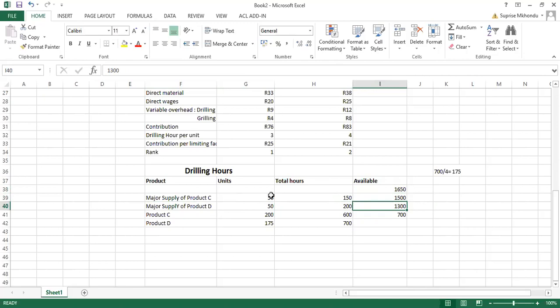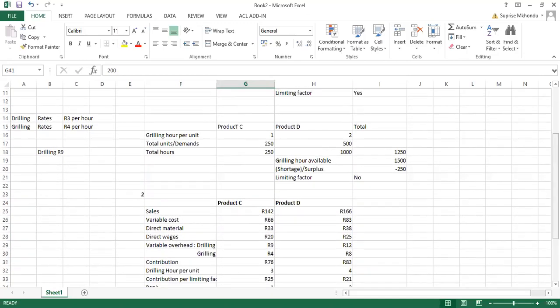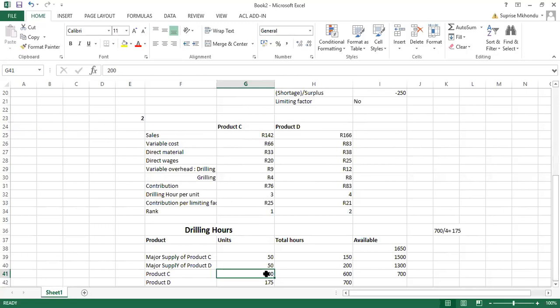Now we come to our normal units. Since we ranked, we already produced 50 for our major supplier first. We're left with 200 units. How many hours will they take? It will take 600 hours, 200 multiplied by 3.